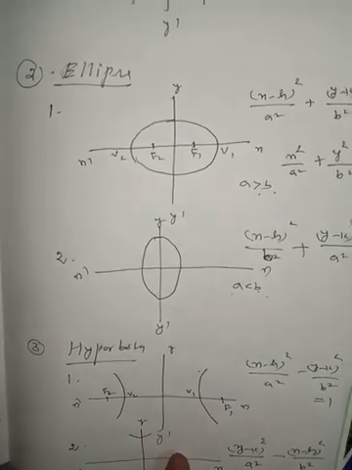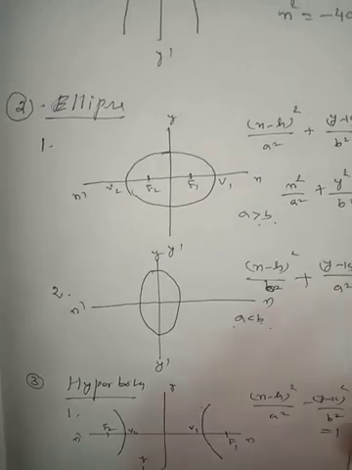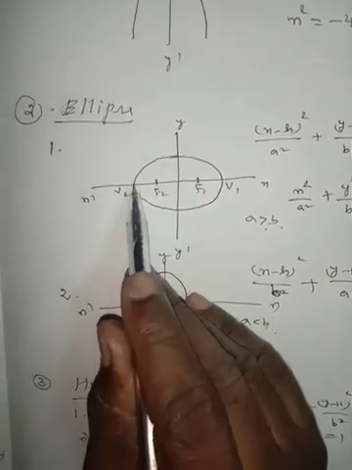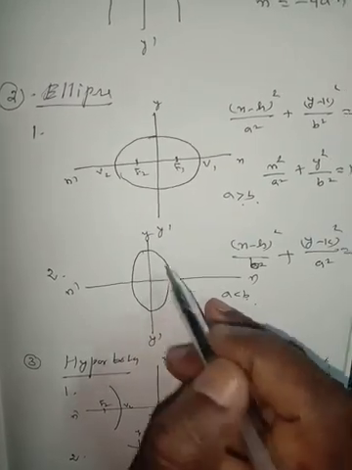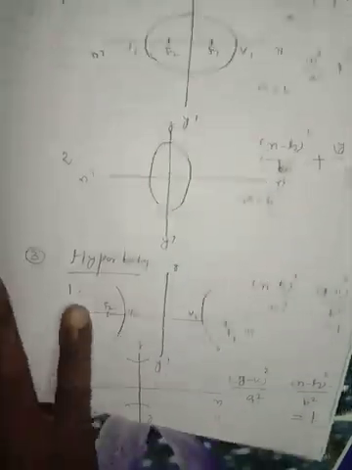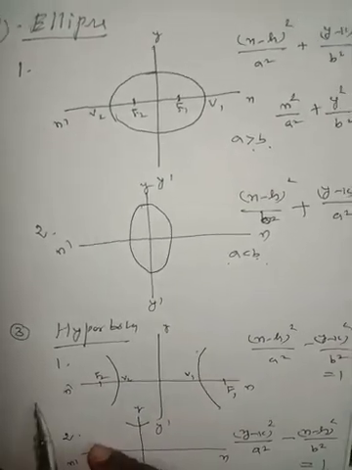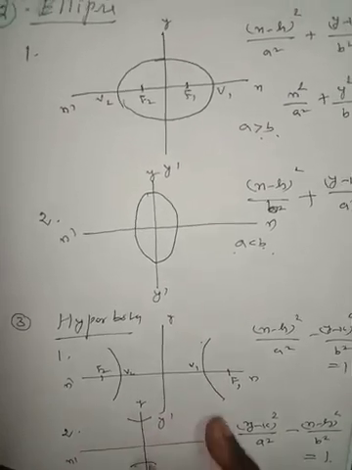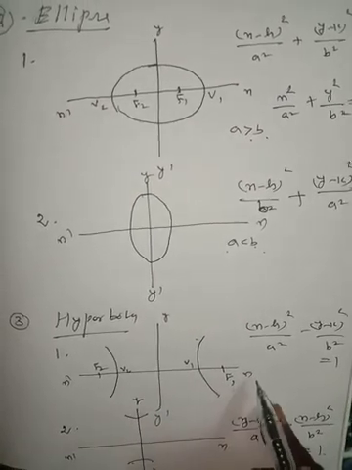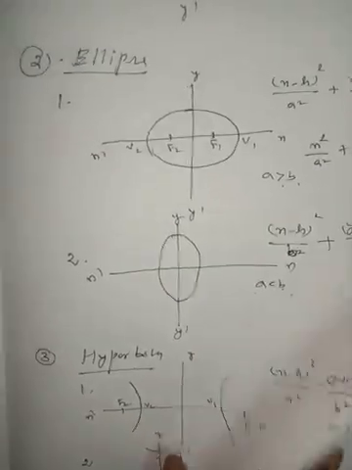Ellipse contains two types: one is major axis along x-axis, another one is major axis along y-axis. Next, hyperbola, there are two types: one is transverse axis along x-axis, another one is conjugate axis along y-axis.